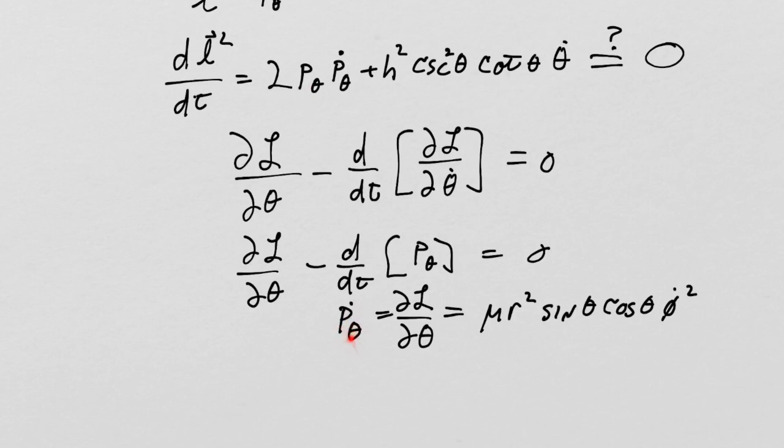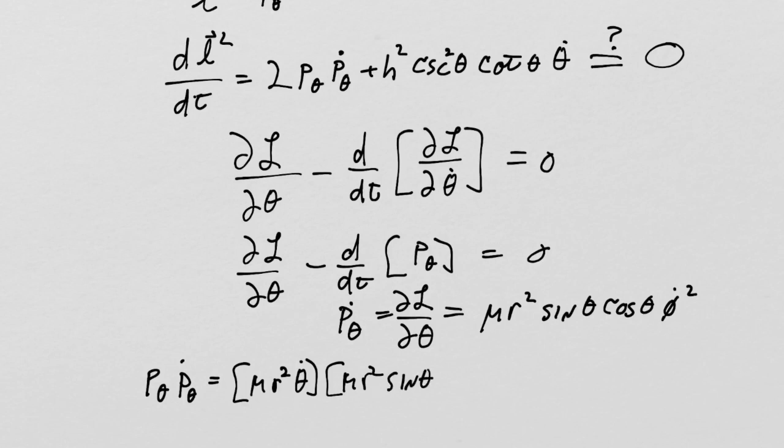I'm going to recreate this from a different angle. Now I know what p dot theta is. It's equal to this thing. So what is p dot theta? That guy is going to equal theta dot times mu r squared sine theta cosine theta phi dot squared, right?